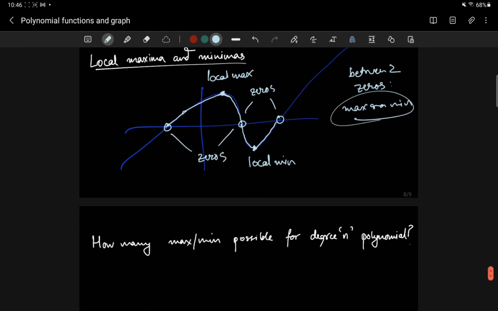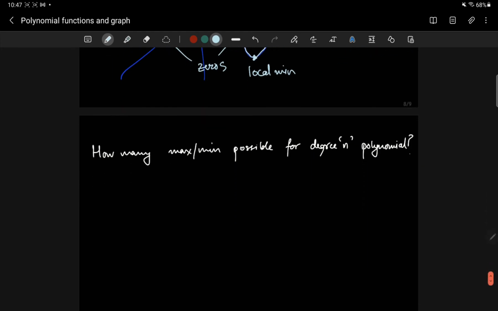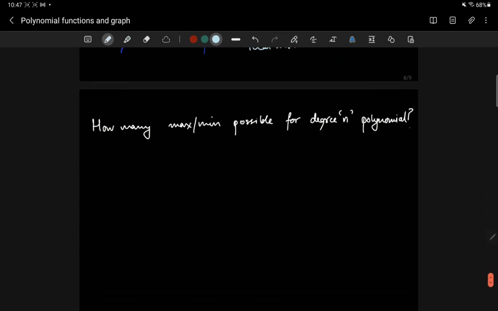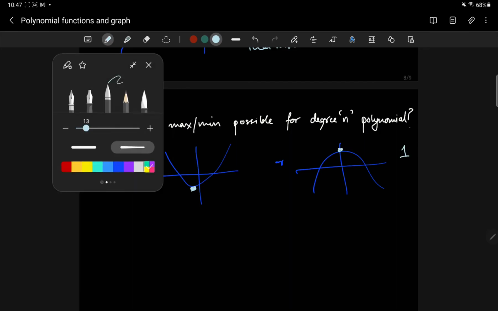So the question is, how many minima and maxima are possible for a degree n polynomial? Now let's look at some examples. If n equals 2, what are the shapes that are possible? I can have this or this, and there is 1 min and 1 max.